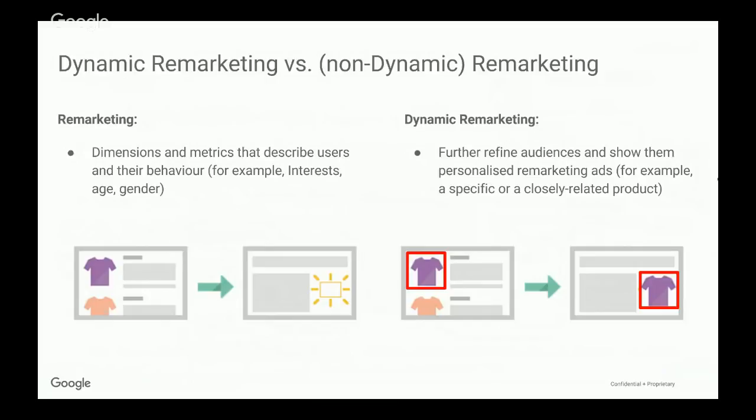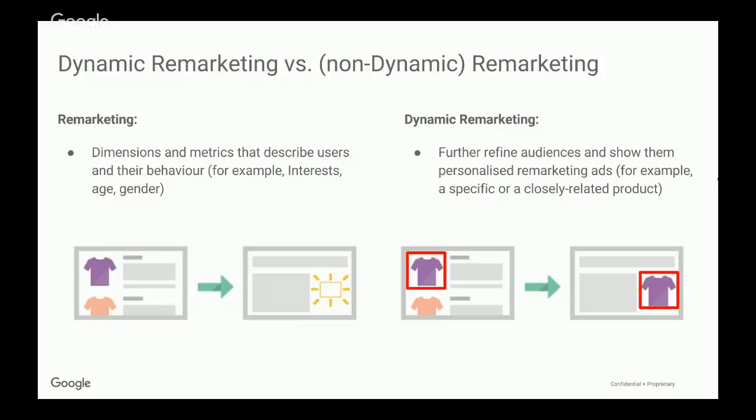So non-dynamic remarketing relies on an audience based on the dimensions and metrics that describe and measure user behavior on your site, and also includes user attributes like age, gender, and interest. But with dynamic remarketing, when you update your pages with the tag-specific attributes that collect additional information, you can further refine audiences based on those attributes.